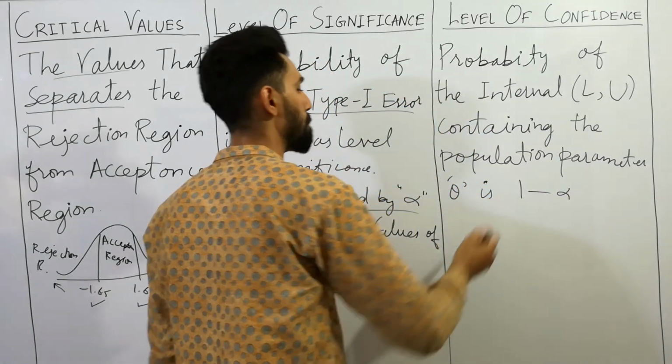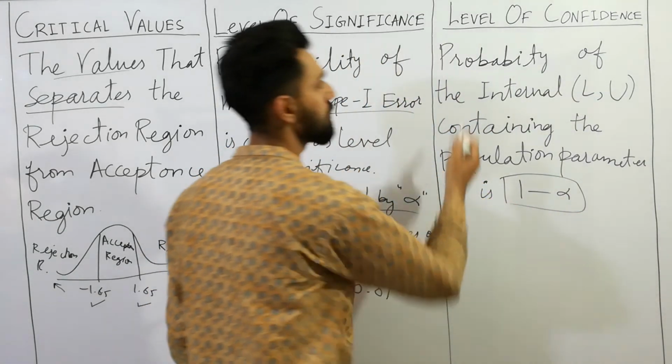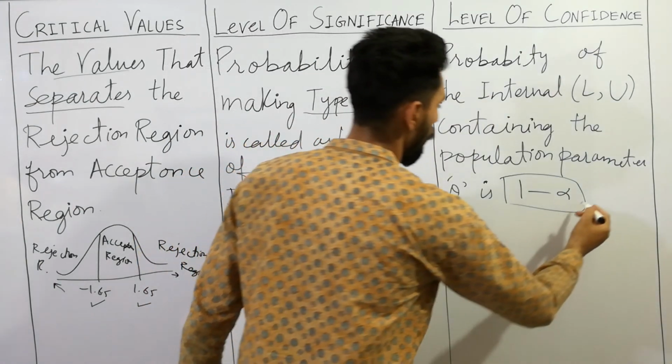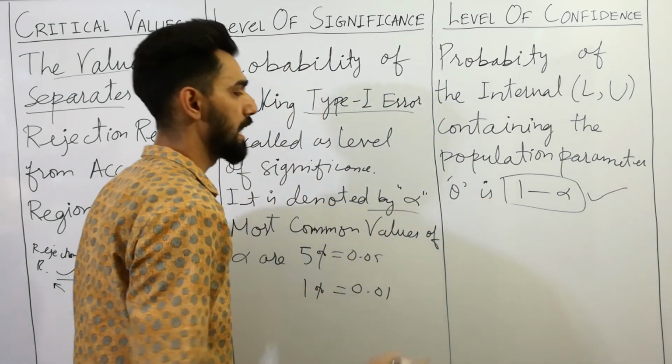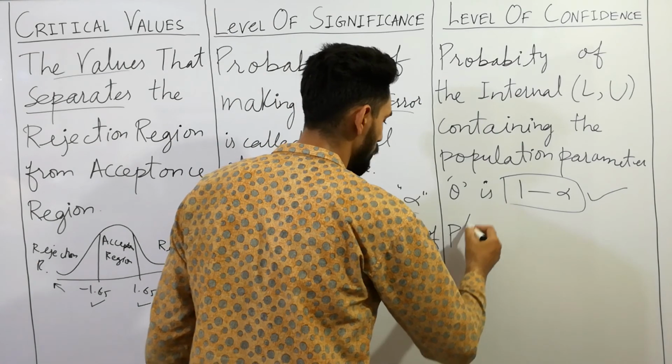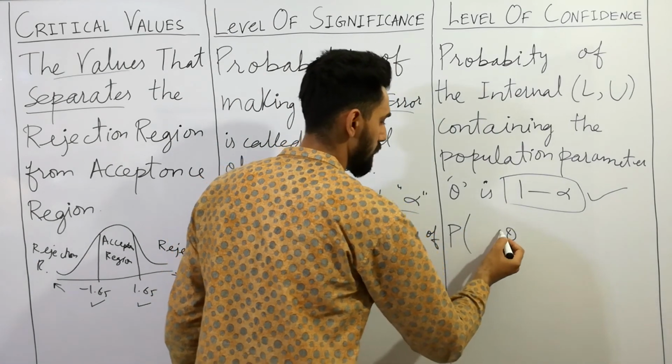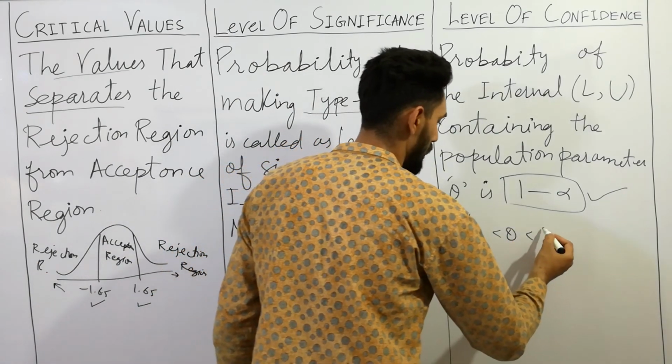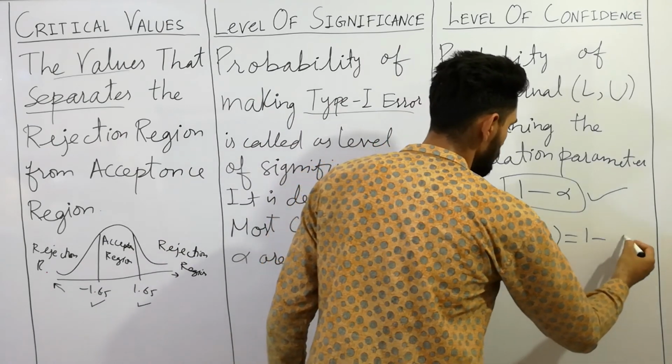So remember that the level of confidence is equal to 1 minus alpha, and you can write that the probability of theta lying between lower and upper is always equal to 1 minus alpha.